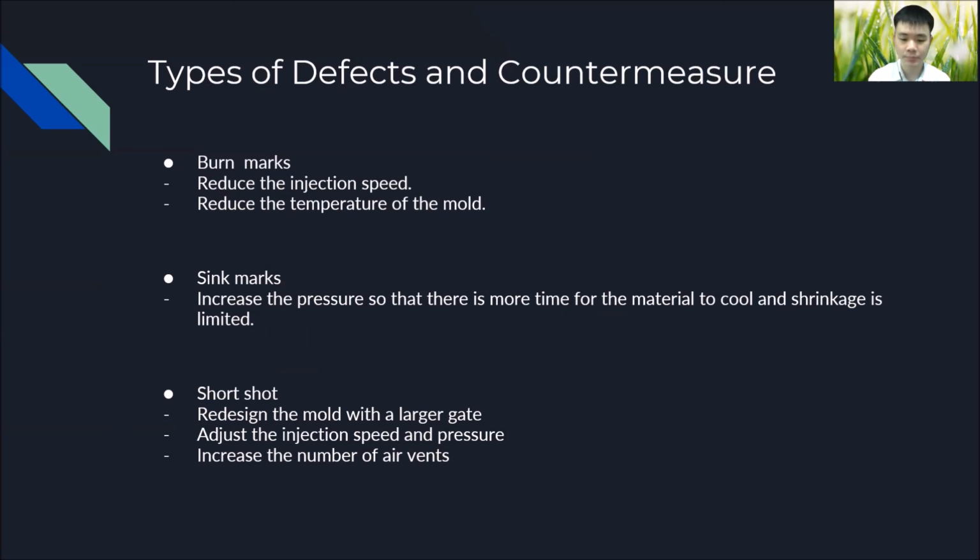Adjusting the injection speed and pressure can also improve the flow of the molten resin. Increasing the number of air vents can facilitate the escape of any trapped air inside the material.